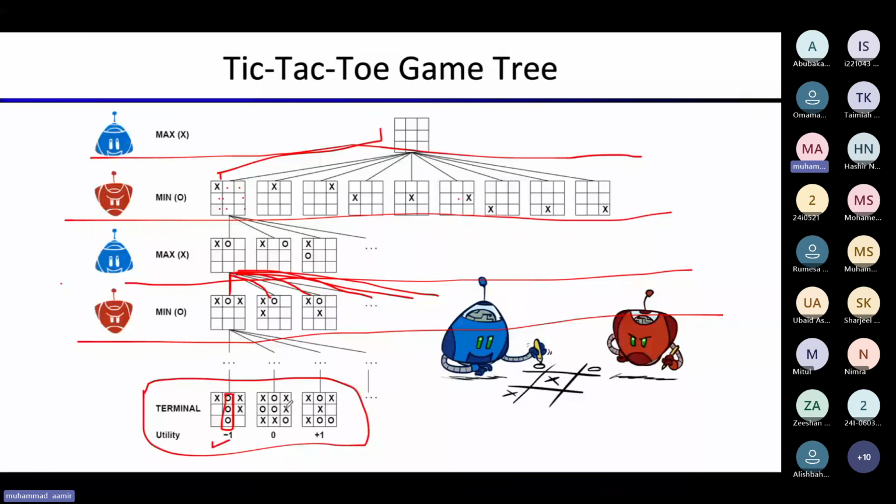So it is a tie. We give the 0 score. And this is when X player successfully arranges. X was the max player. So we give it the +1 score. We can swap it. X could become the min player and O can become the max player. There is nothing wrong in this. You will get the same output in this case.